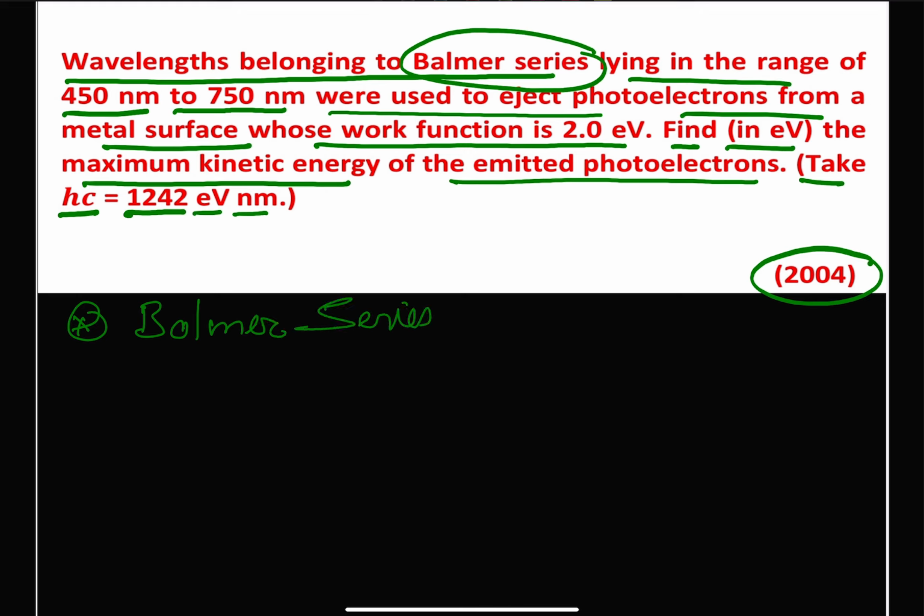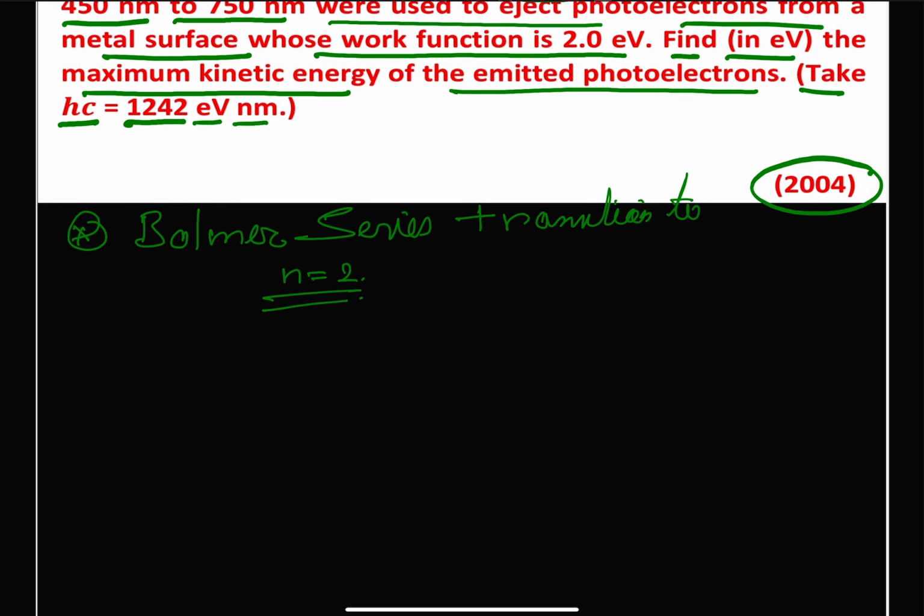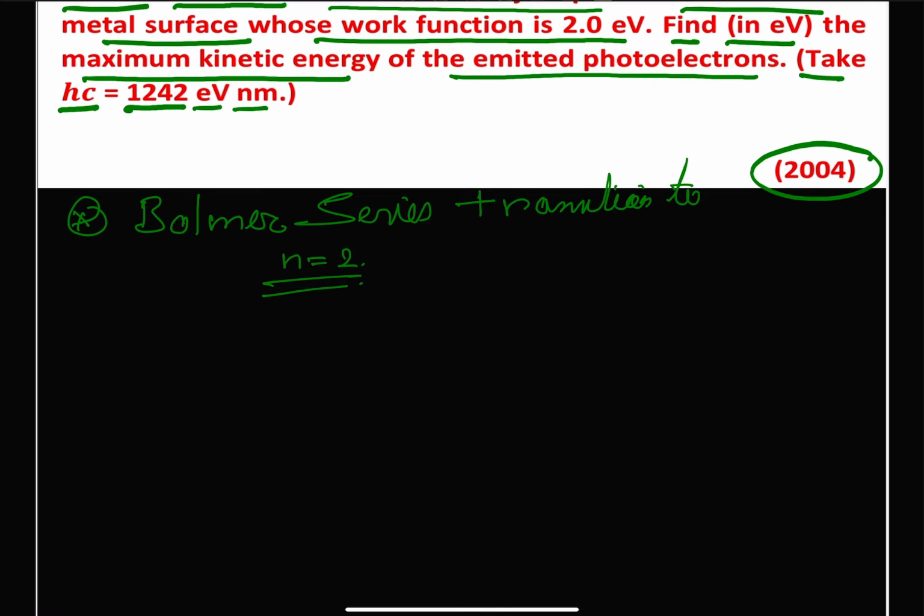Balmer series, transition to n equal to 2, and work function is given to us along with the range of wavelength, 450 to 750 nanometer. So first of all we are going to find out the highest energy or shortest wavelength with respect to the Balmer region, and specifically with respect to the given wavelength.